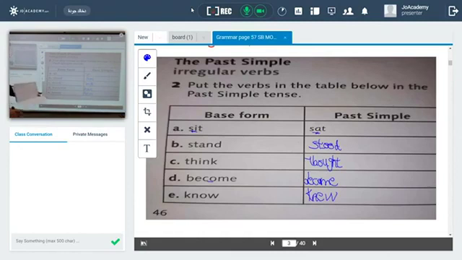So this is the exercise. We change the simple present into simple past. We need to start memorizing these verbs. It's very important for us to start memorizing these verbs from now. It will come next year and the year after till you get to 12th grade. You will need it.